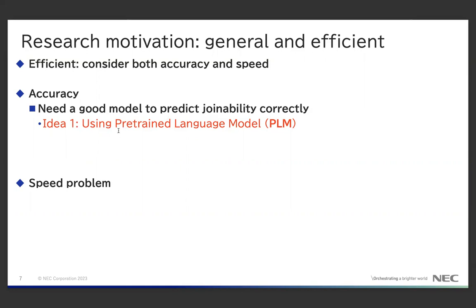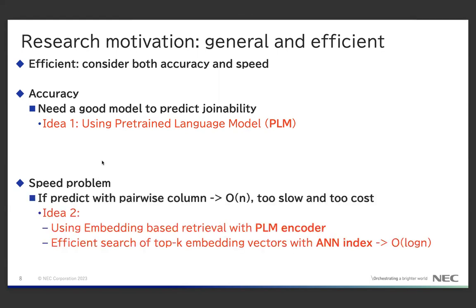The first contribution of this work is that we are the first to use the ability of pre-trained language models on the joinable table discovery problem. But this brings a speed problem.